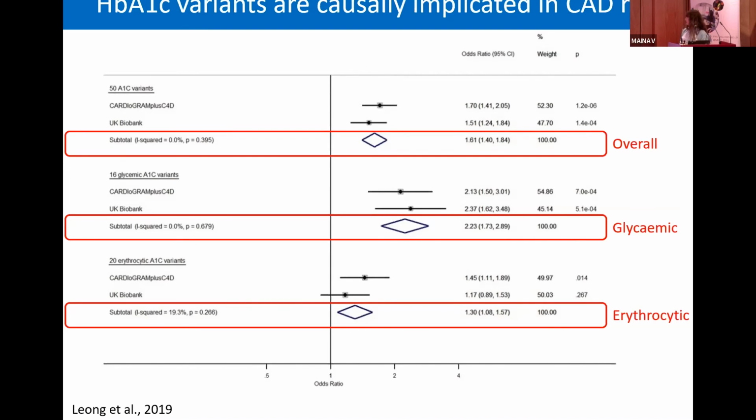And that may be a reason why in epidemiological studies, quite often people have found that HbA1c is a better predictor of coronary artery disease comorbidity than, for example, fasting glucose. And it may be because it's measuring both the effects of glycemia and something else that the glycation is doing, or the red blood cells.